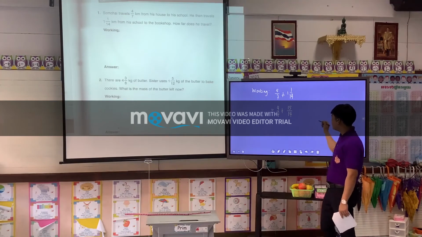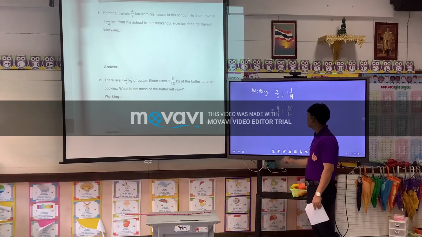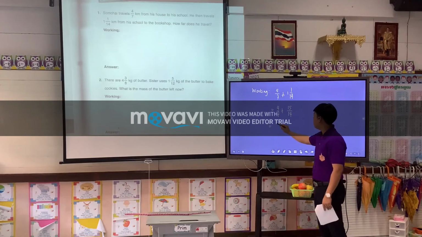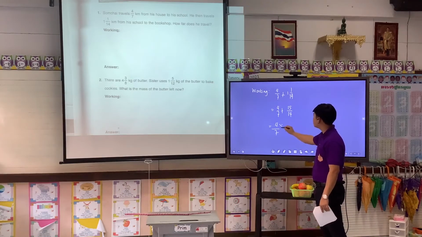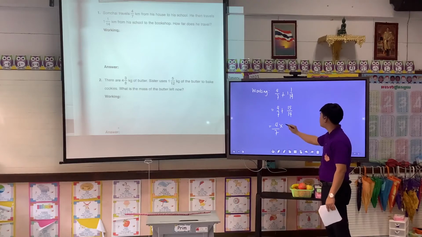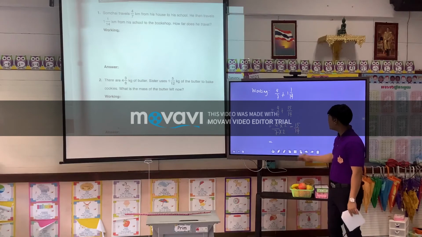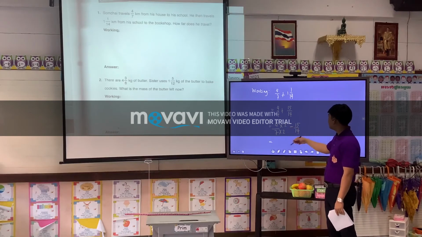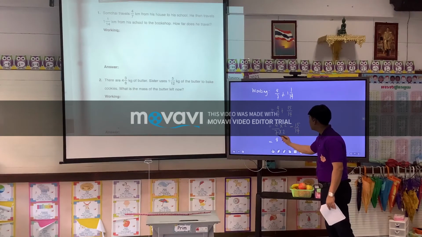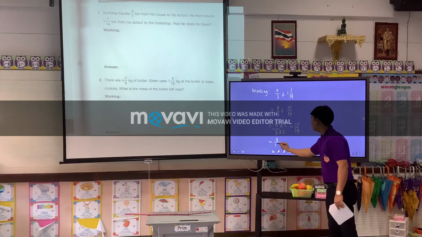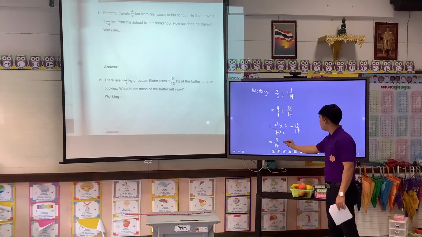So, what we are going to do is to find numbers to multiply. 4/7 times what number? Times 2. 7 times 2 plus 15/14. So, 4 times 2 is 8. 7 times 2 is 14.